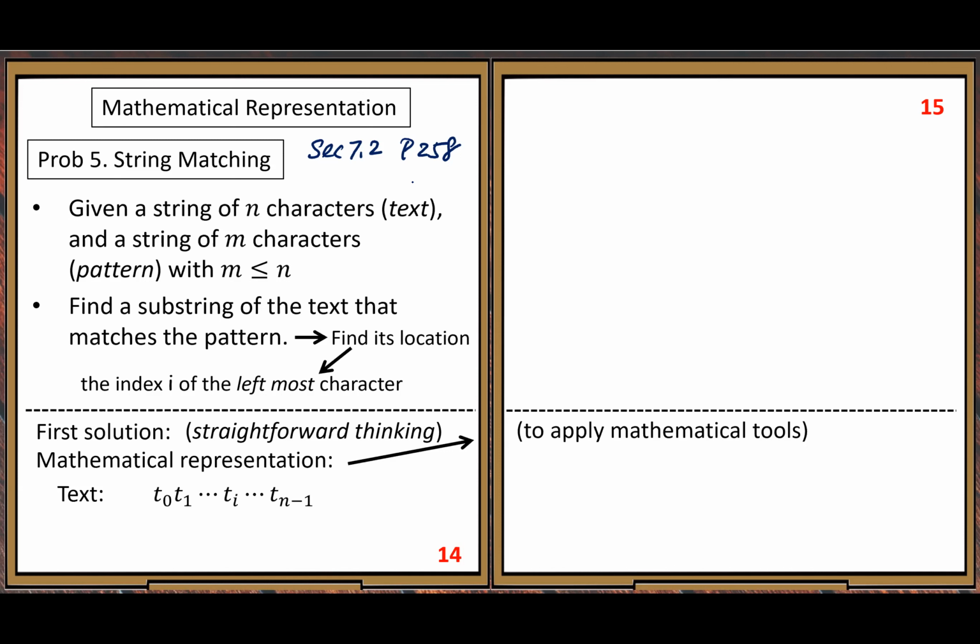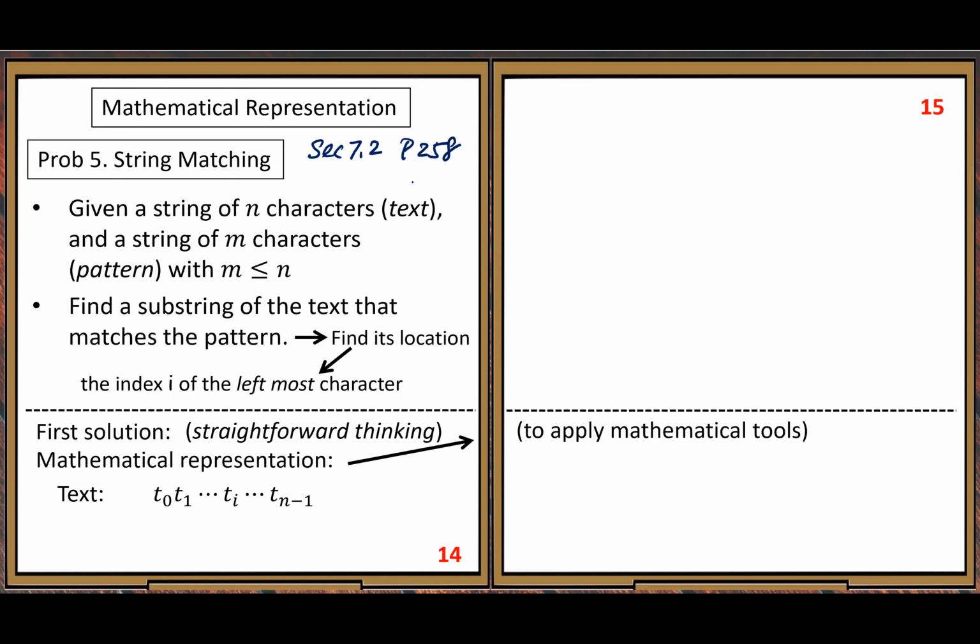T0, T1, because we need to refer to the indexes, and our index always starts from 0. So 0, 1, up to the last one, T sub n minus 1. So that's the text representation.